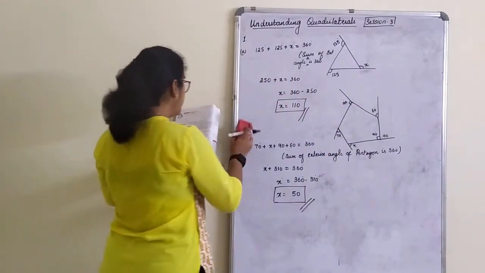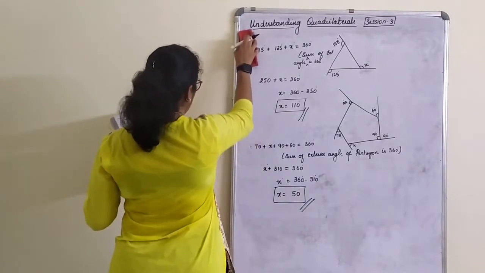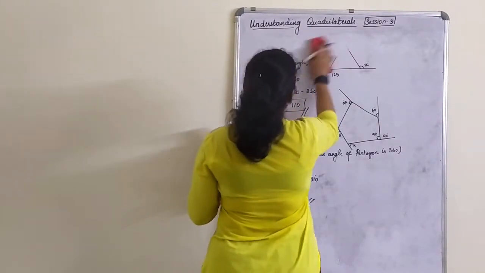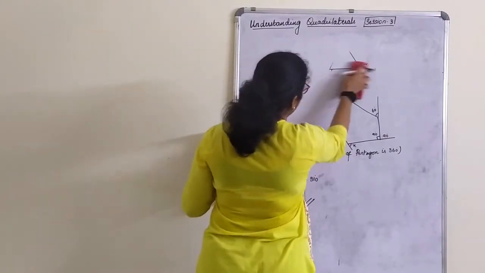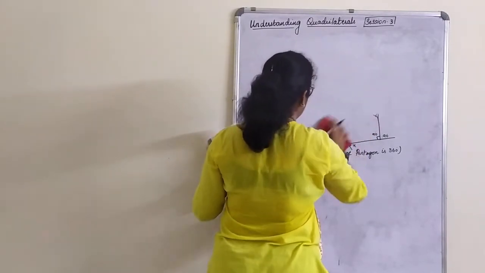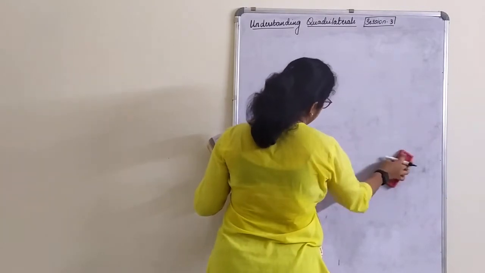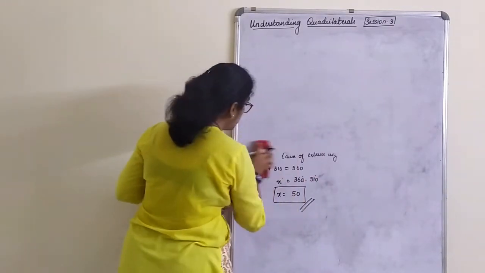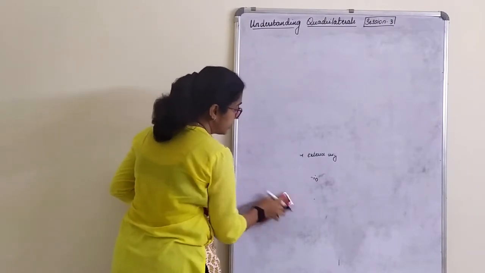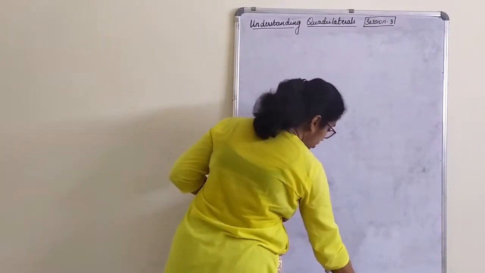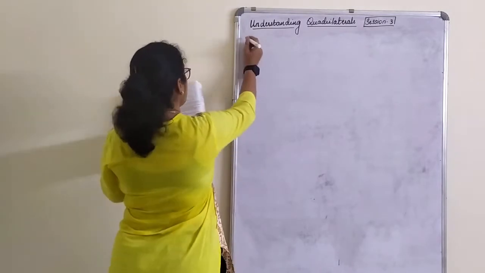Find the measure of each exterior angle of a polygon. We know the formula to find each exterior angle where the number of sides is given. Each exterior angle E is equal to 360 divided by the number of sides. I have given you the list of formulas.